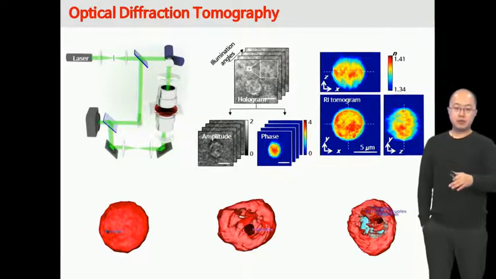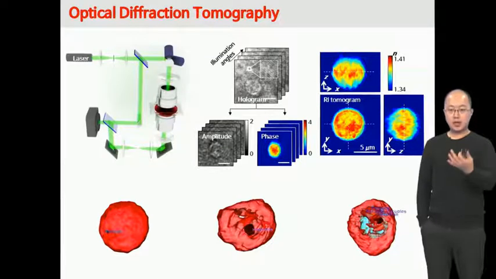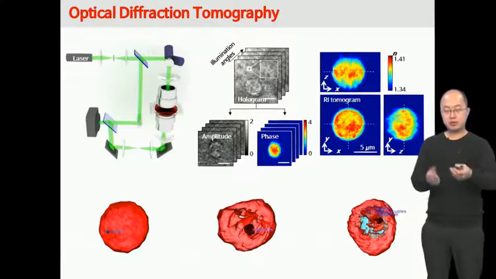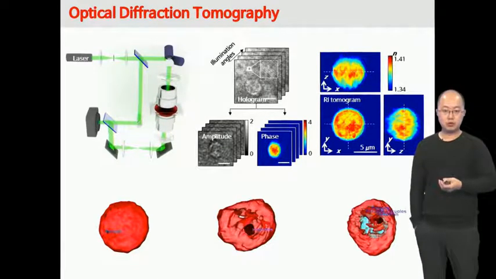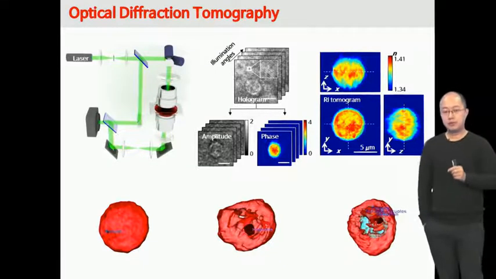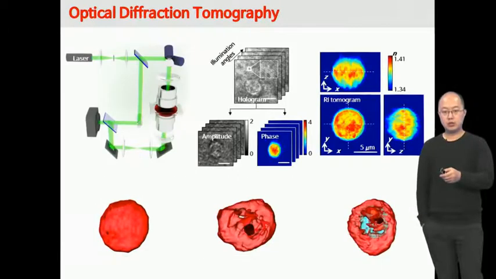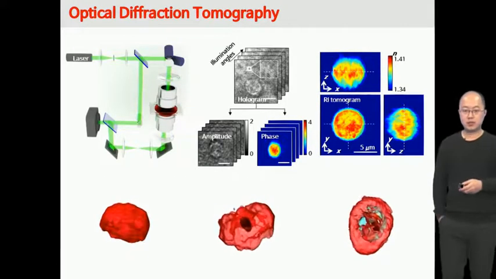At the bottom, you can see rotating, three-dimensional reconstructed refractive index tomograms of red blood cells, particularly those infected by malaria parasites. The left one is the early stage, the middle one is the medium stage, and the right one is the late stage. Let me show you again.